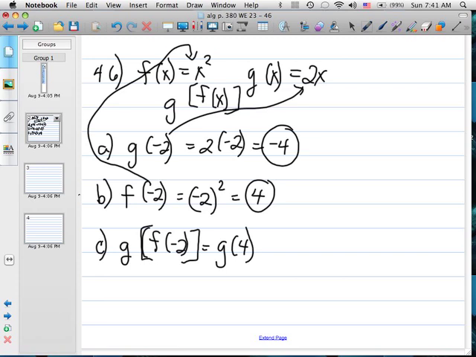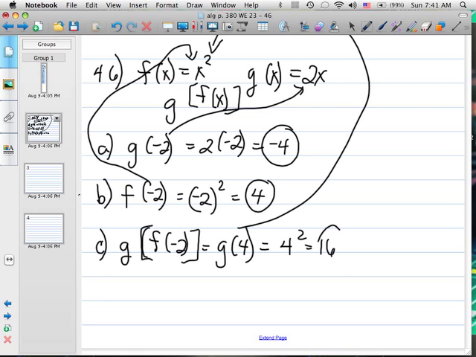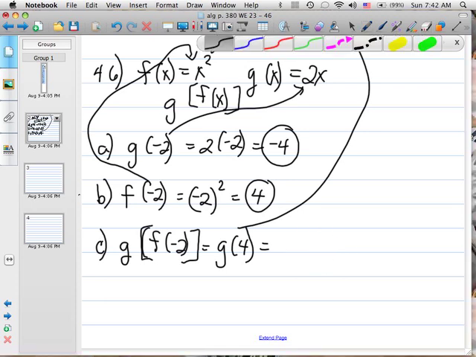That means we plug 4 into the function g. I goofed, I'm looking at the wrong one. That's 2 times x. Sorry about that. So that'd be 2 times 4, which is 8.